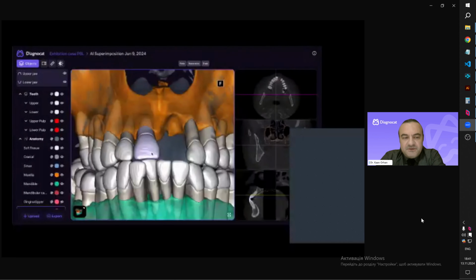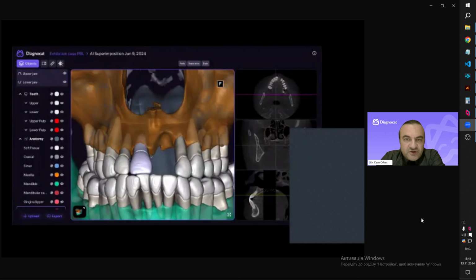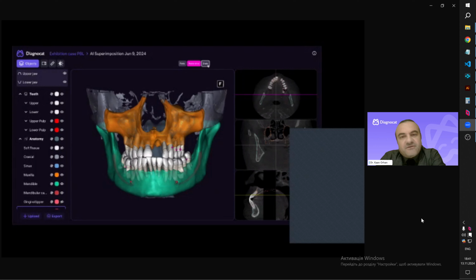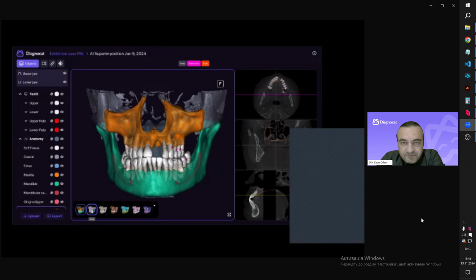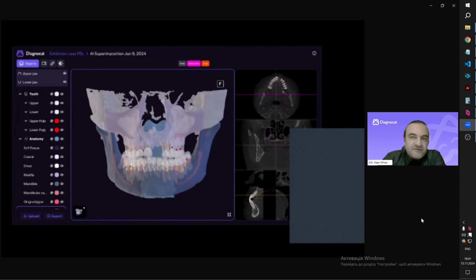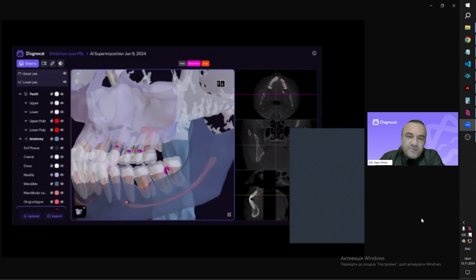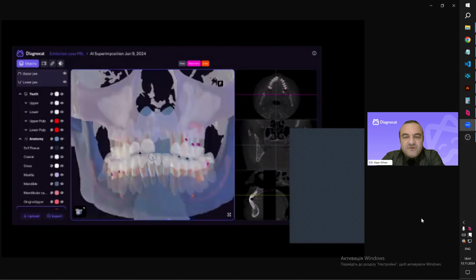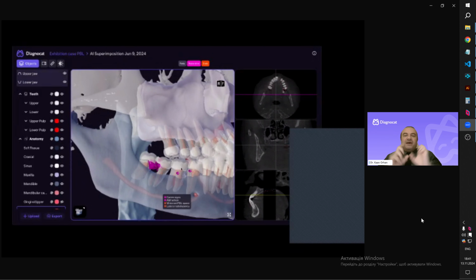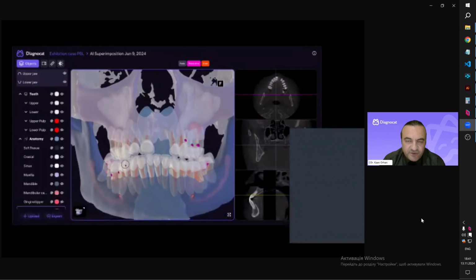Lastly, I would like to also show the thresholding. Right now in DiagnoCat, we can change the thresholding for the restorative, for the endo, for the perio. See, when you click on restorative or endo, the thresholding and the mask are changing simultaneously, and you can see where is the root canal, where is the teeth, and also the caries.